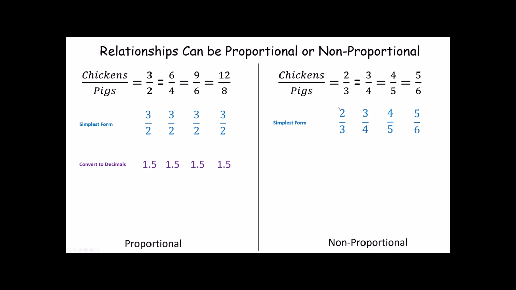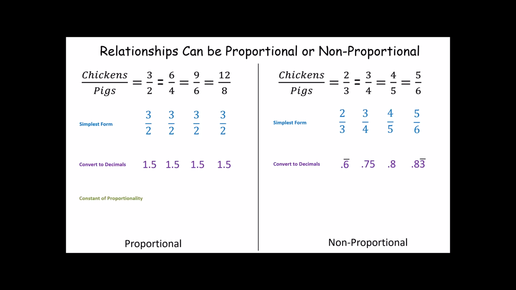Over here on the right, 2/3 as a decimal is 0.6 repeating. But when I take 3/4 and convert it into a decimal, it's 0.75. Those do not match. 4/5 is 0.8. 5/6 is 0.83 repeating. Notice only the 3 is repeating. None of these match. In order for this to be a proportional pattern, they must all match.